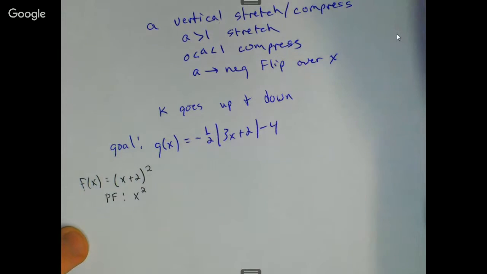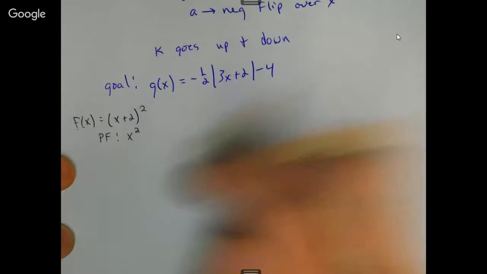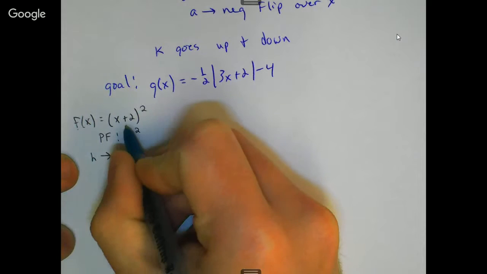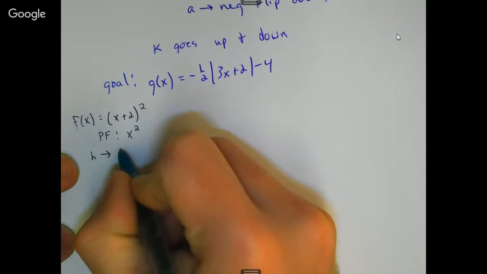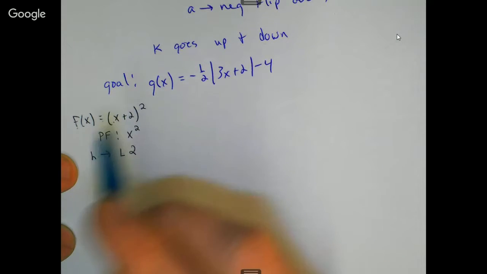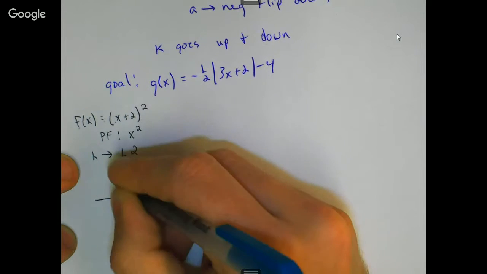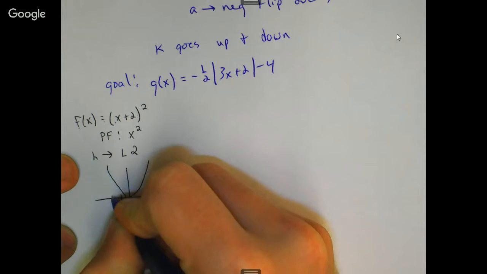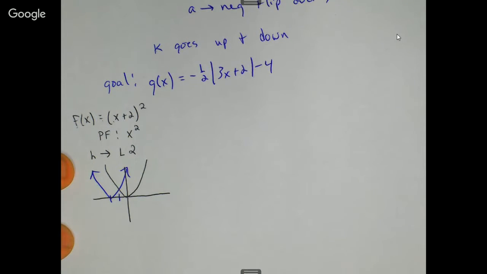Then we look down our list here, H, B, A, K. In this case I have an H, and it's the opposite of H, so the opposite of 2 would tell me to go left 2. I have no B, no A, and no K. So we start with our parent function, which is on that sheet I gave you, and it tells me to go left 2. So there would be my function.